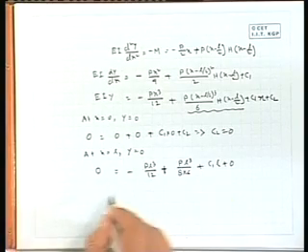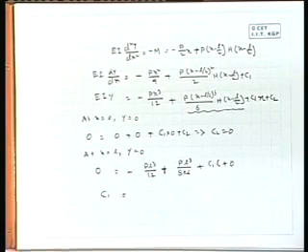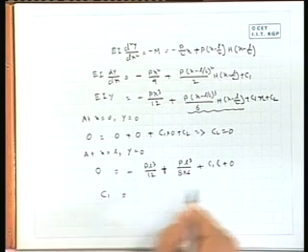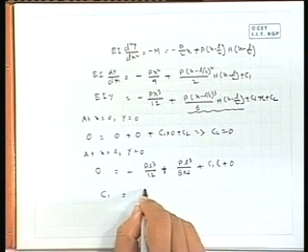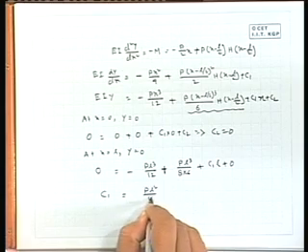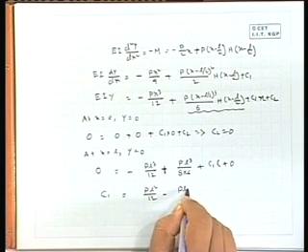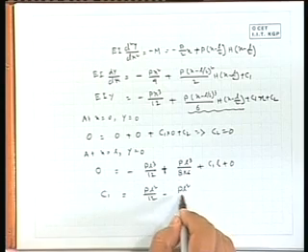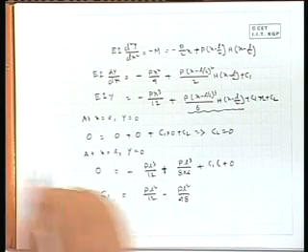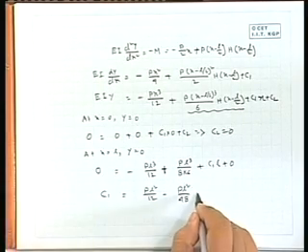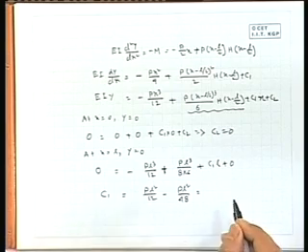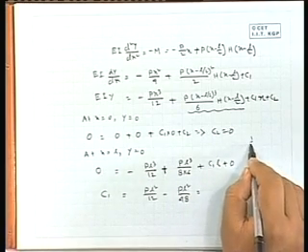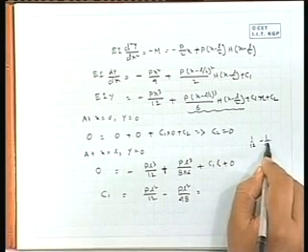So, from here C1 you can find out. C1 will be P L square by 12 minus P L square by 48, because the L part will cancel. So, what will be the value? It will be 1 by 12 minus 1 by 48.